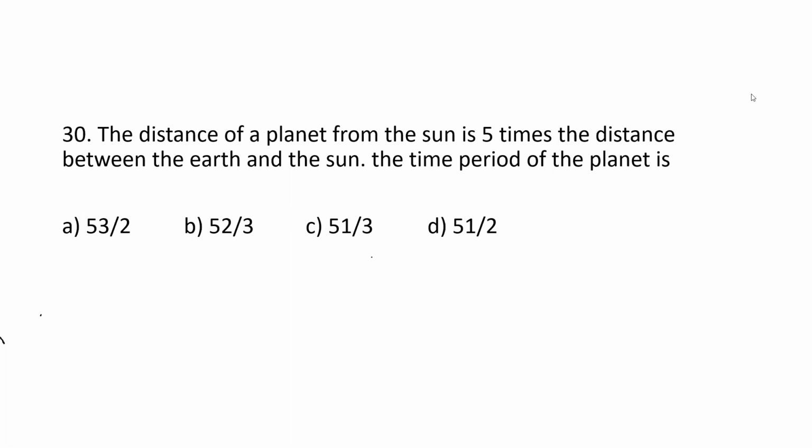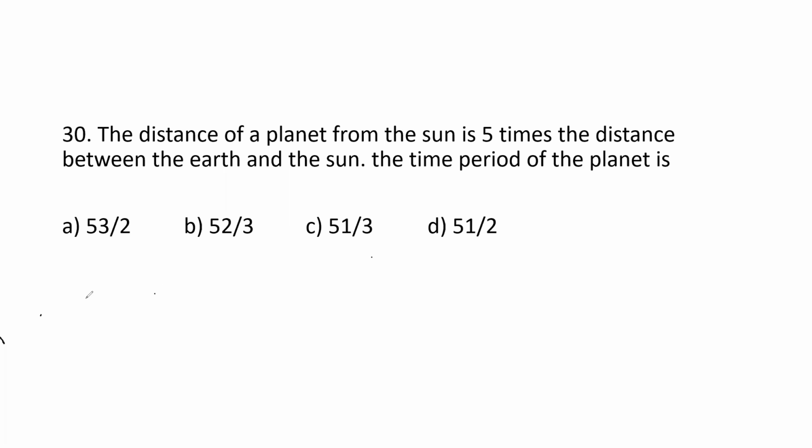By using Kepler's third law. What have they specified in this question? The distance of the planet from the sun is 5 times the distance between the Earth and the sun. The distance value they have given.